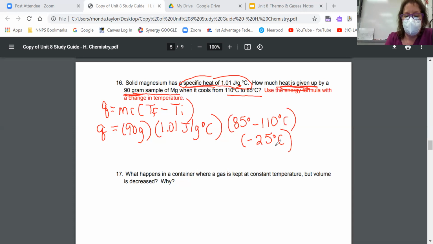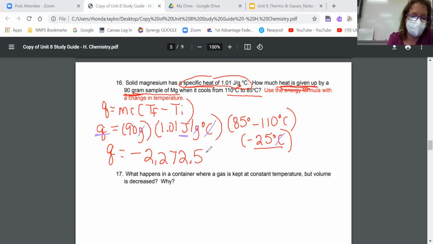Just to show you our units canceling, grams cancel, we're gonna be left with joules, and that's what we need because that's an energy unit. So plug it into your calculator, 90 times 1.01 times negative 25. And you're going to end up with a negative answer because it's going to give up 2,272.5 joules of energy as the magnesium cools down.